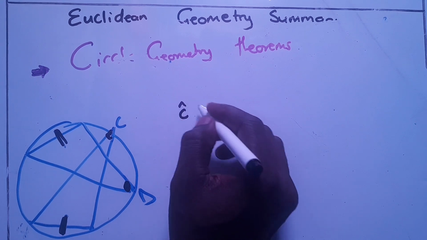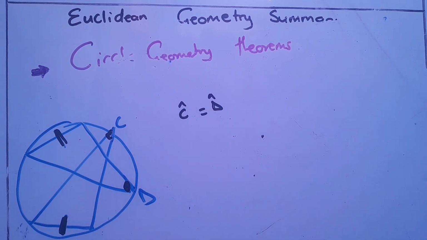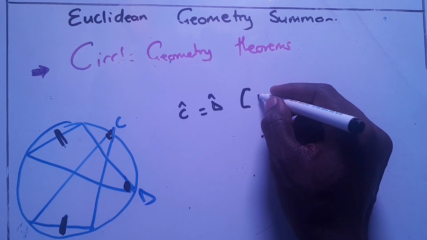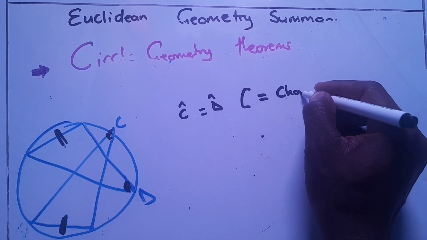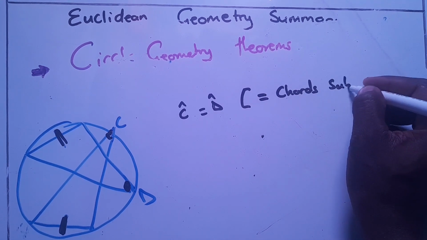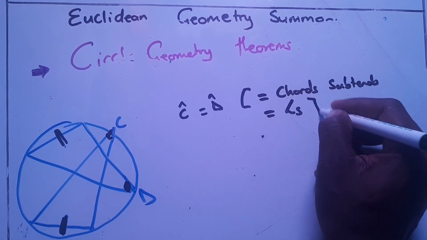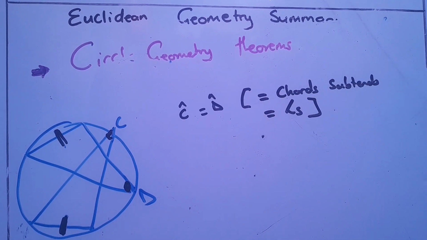So it means that our C again becomes equal to our D. And the reason being is because equal chords subtend equal angles. So equal chords will always subtend equal angles, just like that. So now let's move to a cyclic quadrilateral situation.